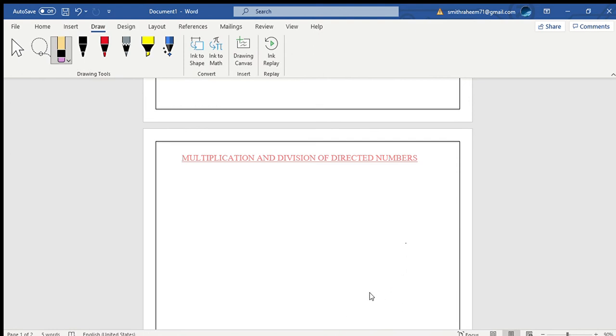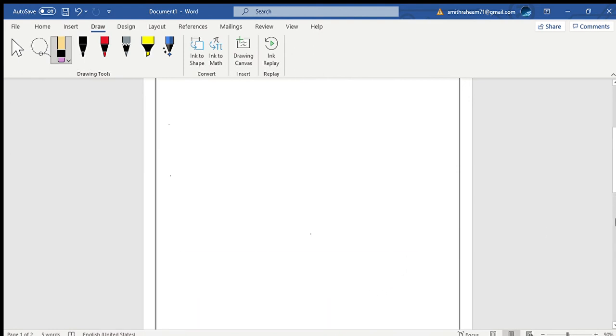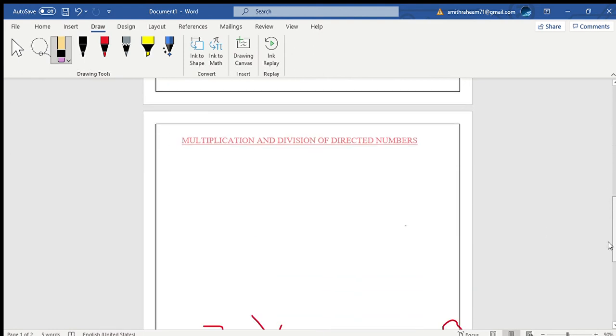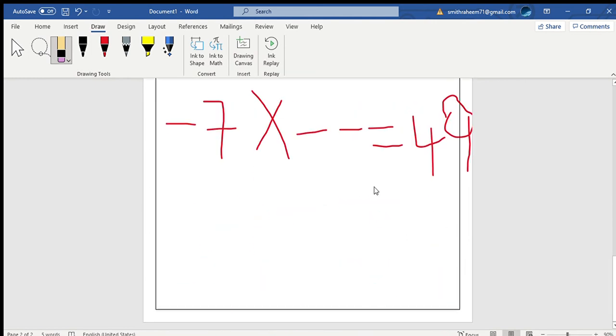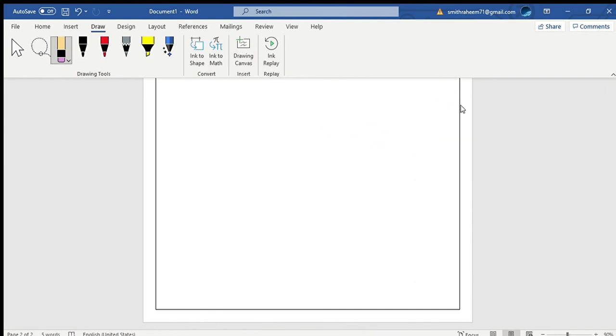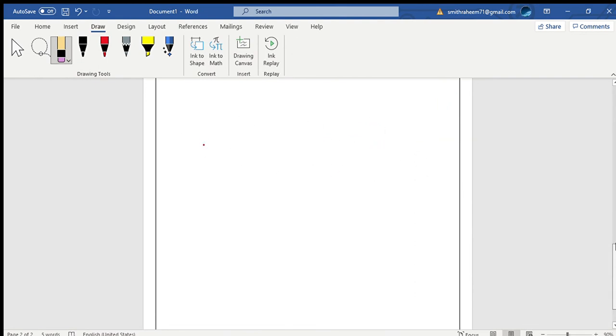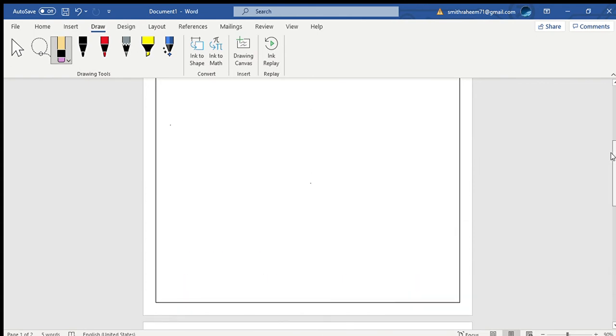Okay guys, this one was negative 7 multiplied by negative 7 gives you 49. Alright, so let's do some division.